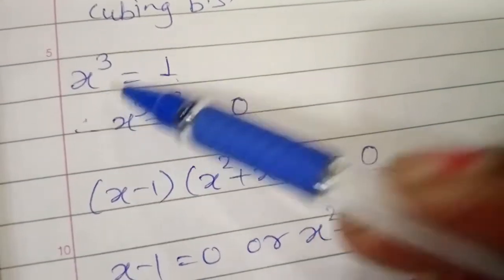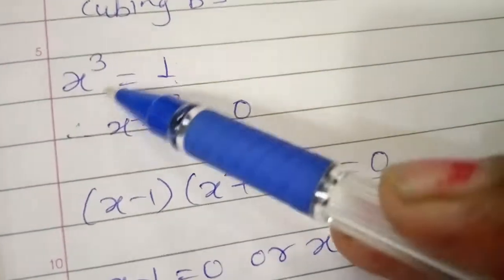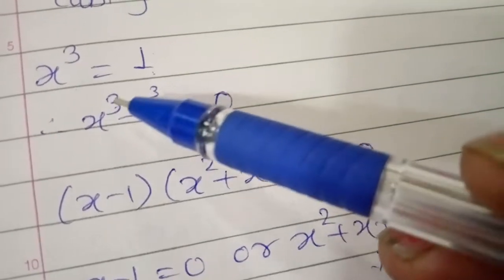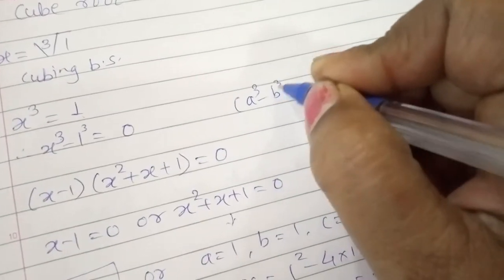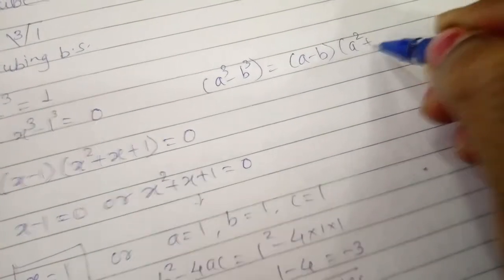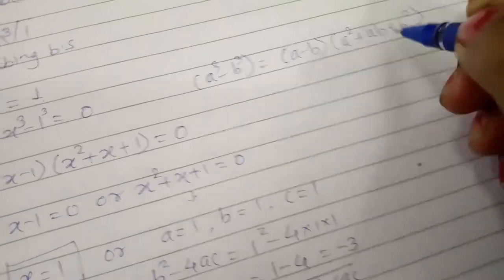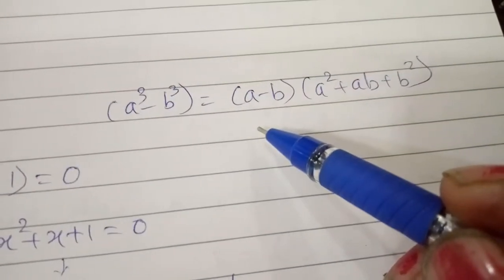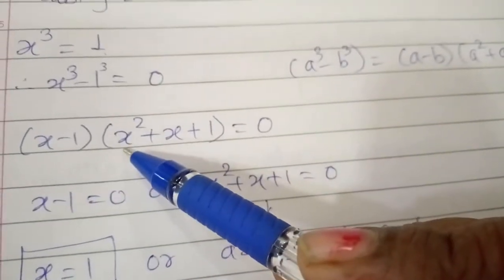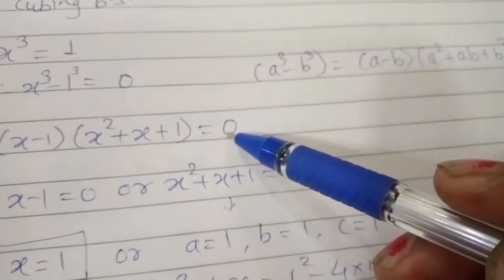I am moving 1 to this side. So x cube minus 1, and since the first term is a cube, we can also write this as 1 cube. So here we see the formula a cube minus b cube, and you know the expansion of this is a minus b in the first bracket, a square plus ab plus b square in the second bracket. So I am just going to use this formula. x minus 1 in the first bracket, x square plus x plus 1 in the second bracket is equal to 0.